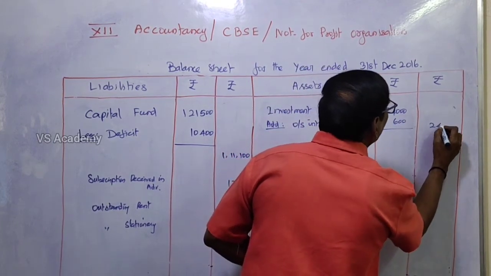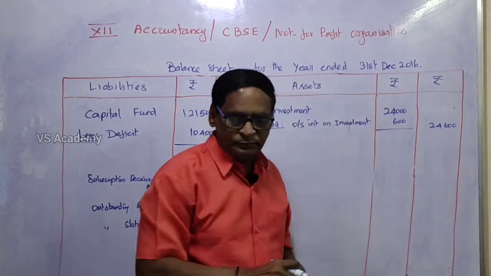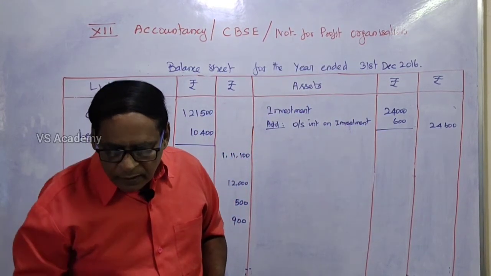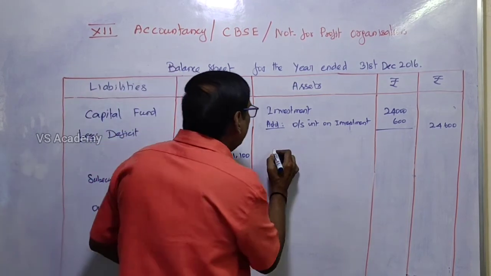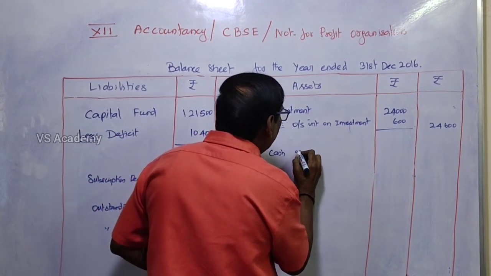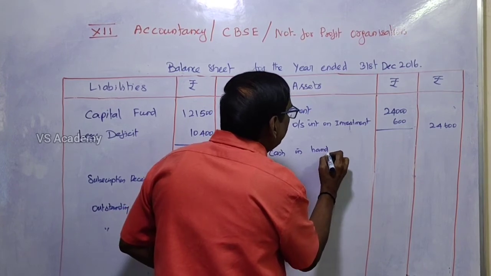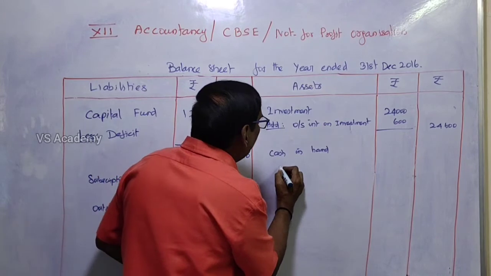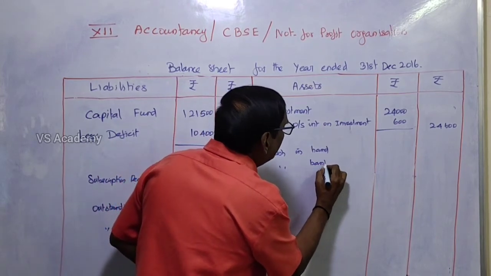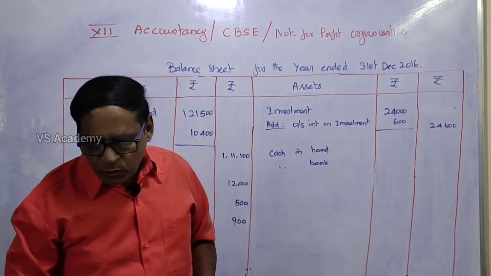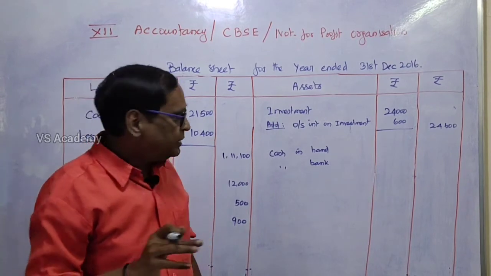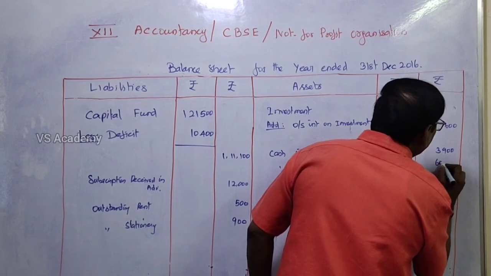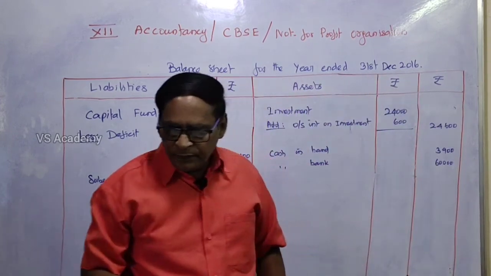So 24,600. And then cash in hand, cash at bank. We will take it from the receipts and payments account, the closing cash and closing bank. So how much closing cash and closing bank balance? 3,900, and then 60,000 is the bank balance.